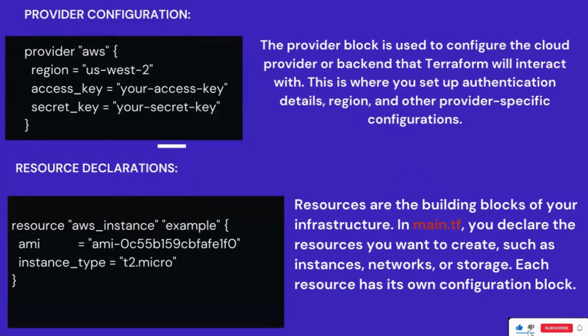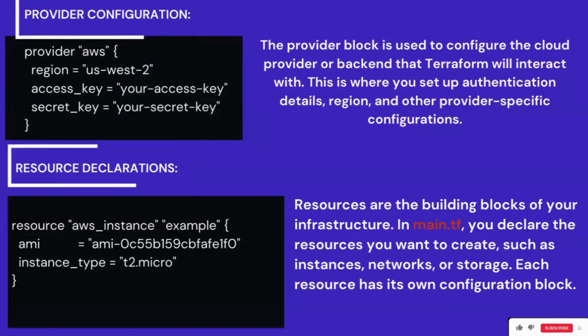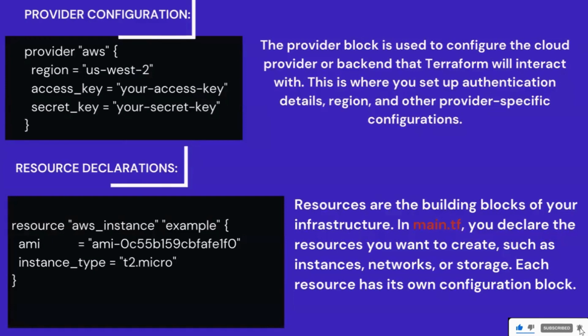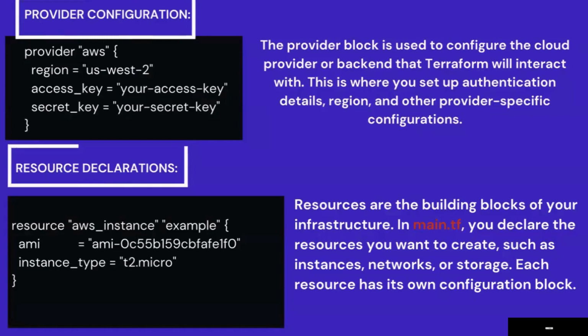Now we talk about the resource declaration. Resources are the building blocks of your infrastructure. In the main.tf file, you declare the resources you want to create, such as instances, networks, or storage. Each resource has its own configuration block. So the first block is written here: resource aws_instance, example, AMI, as you can see, the same image, and instance type is t2.micro.